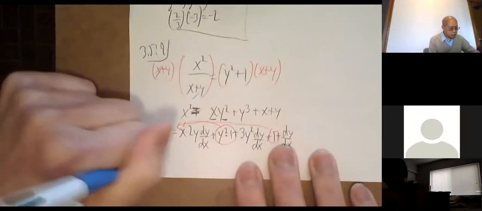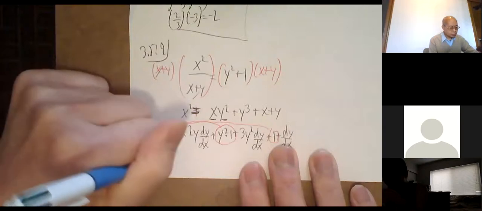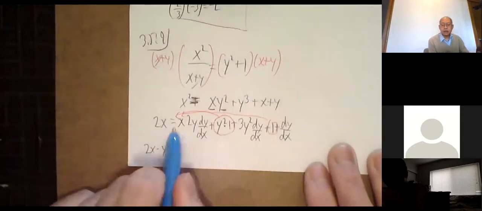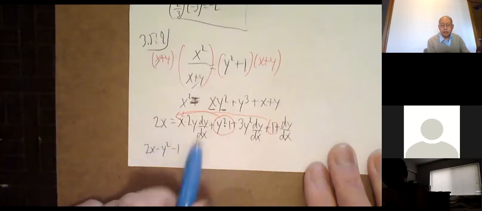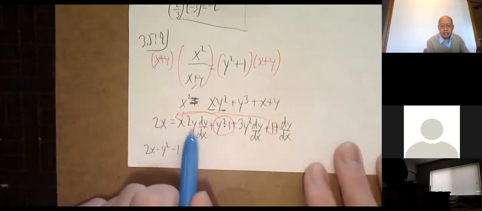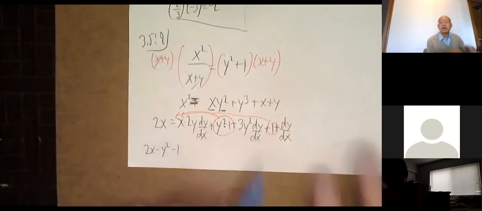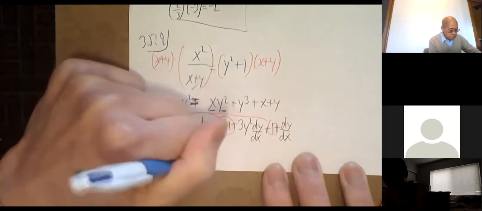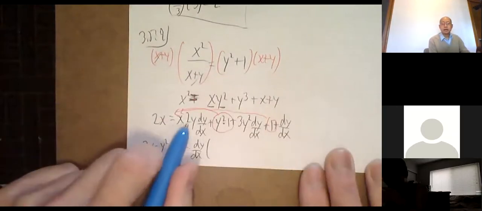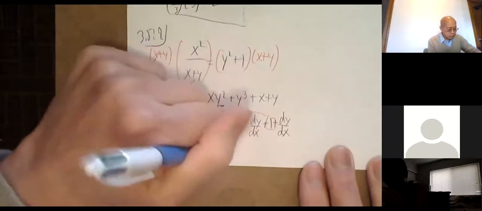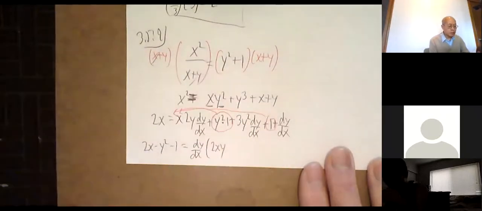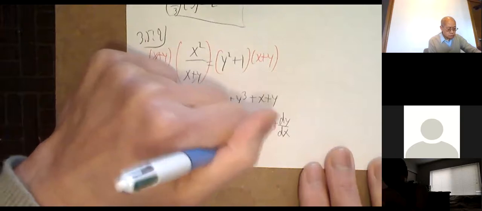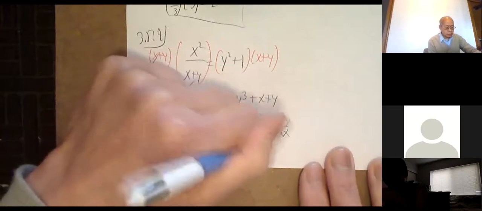So it looks like I have 2x minus y squared minus 1. Okay, so that one moves over, that one moves over. So on the right-hand side are all the dy dx's, which are this one, and this one. Since they all have dy dx, I'll just factor it out. Dy dx parentheses. Okay, so this is 2xy, and then plus 3y squared, and plus 1.